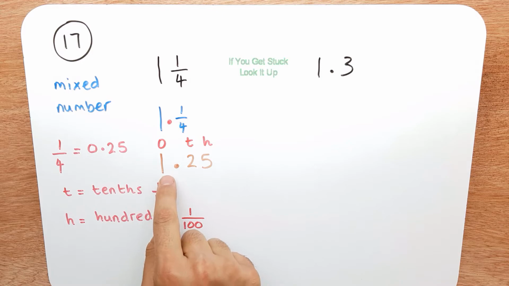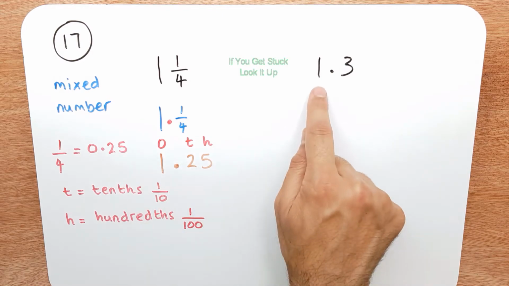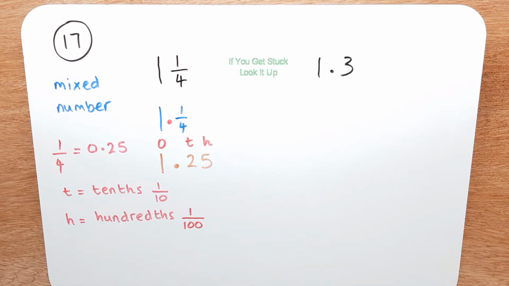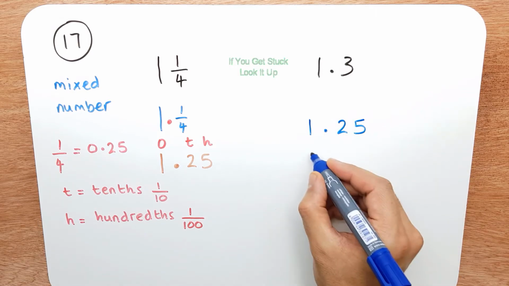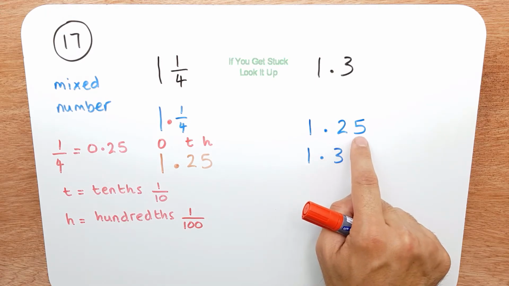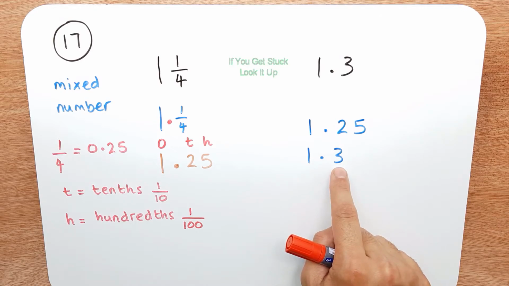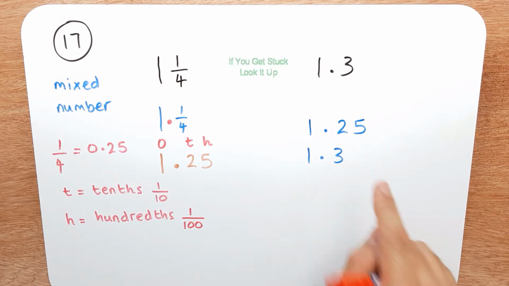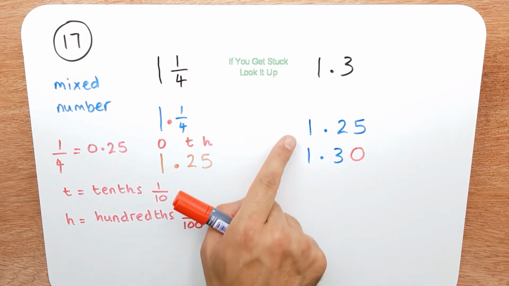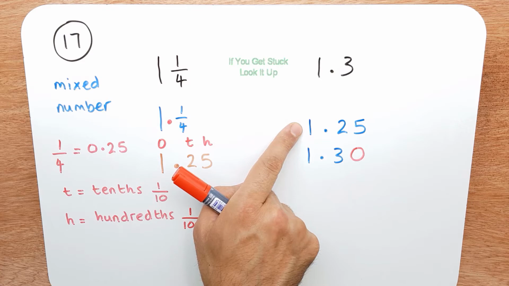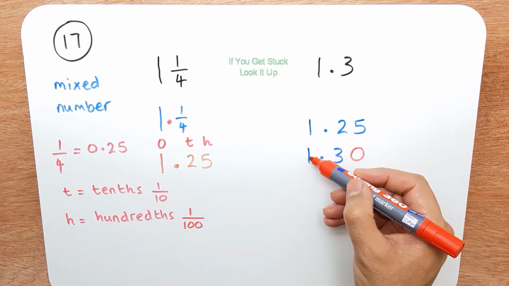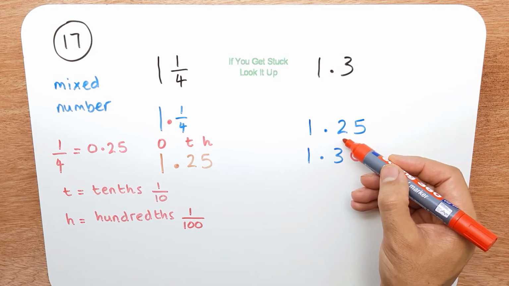Now we need to compare 1.25 with 1.3. So let's write those here. Now if you notice, this has got 2 decimal places and this has only got 1. So what we can do is put a helper 0 to help us compare the numbers. Now let's start from the left again. These two are both 1s, so we move on to the tenths column.